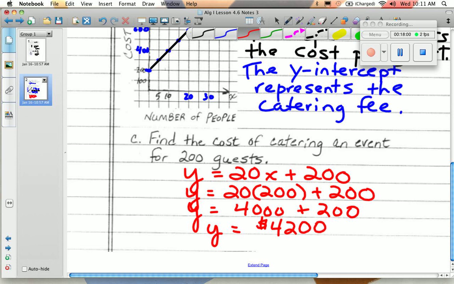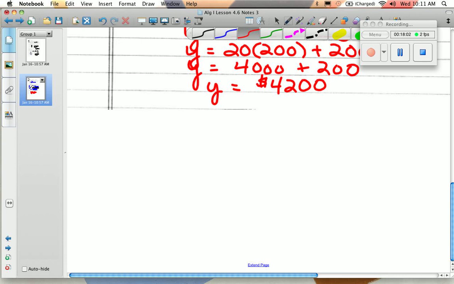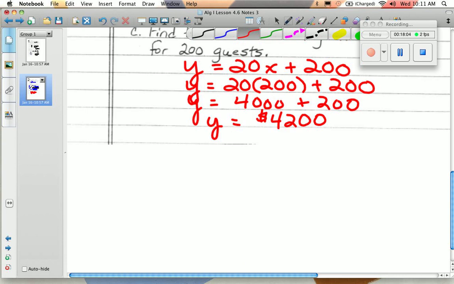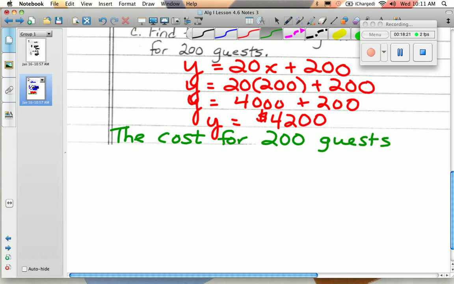Okay. So sentence answer, here we go. What will we say? The cost for 200 guests is $4,200.